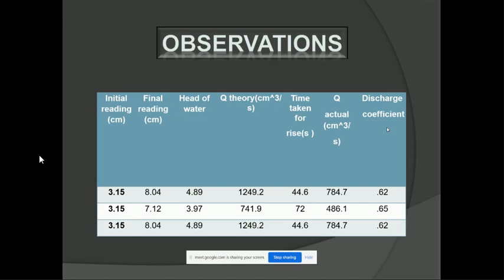Now Q actual equals the volume of the water in the tank divided by time taken, or area times height divided by time, and the discharge coefficient equals actual discharge divided by theoretical discharge. Now the further experiment will be explained to you by Ashdeep Singh.